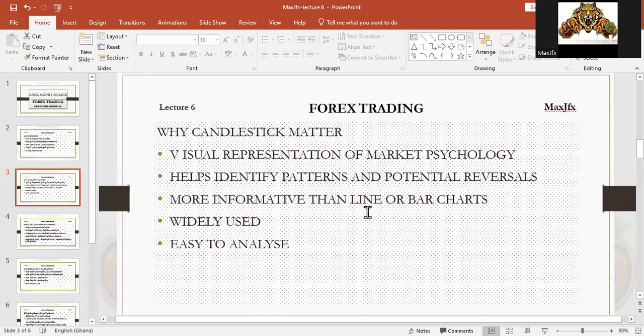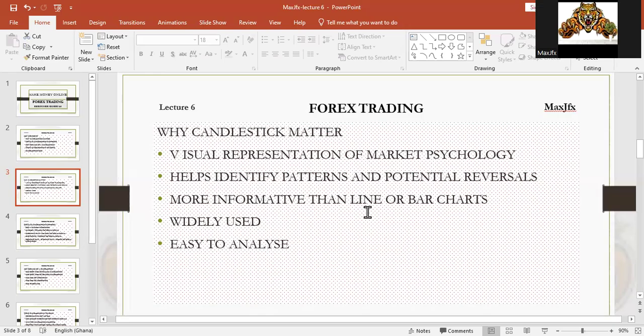But the candlestick gives you more information, like the high and the low. It also gives you information on the size of the body, how many buyers or sellers were available in this period of time. So it gives you all that, which makes it very reliable and easy to use.